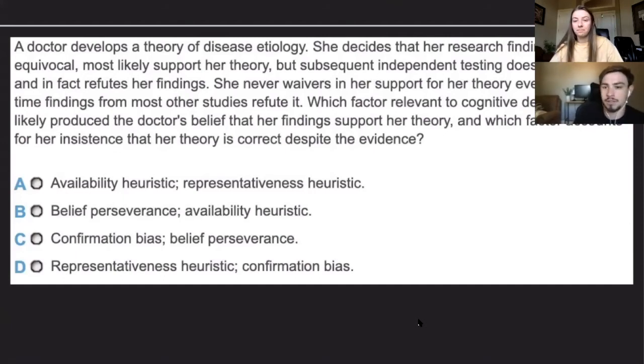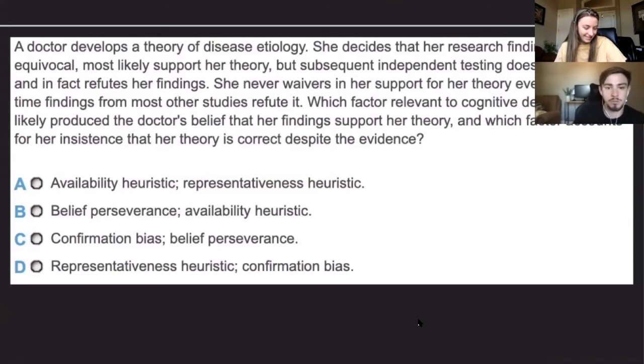However, subsequent independent testing does not confirm. Oof, some drama. And in fact, it refutes her findings. Gasp. She never wavers in her support for her theory. You see this? She's been proven wrong, and she's still like, no, I don't like it. Stupid research. She never wavers in her support for her theory.